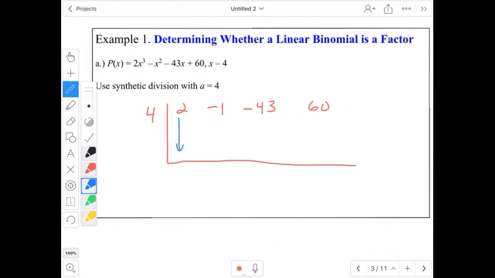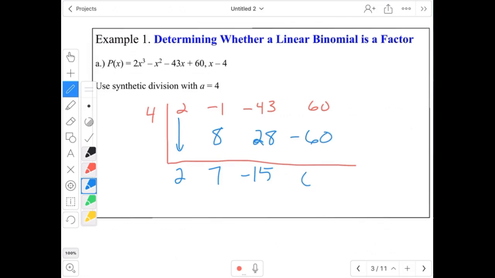Remember, synthetic division, we're just going to drop that straight down, multiply that by 4, so we get 8. Add these two terms together, so we get 7. Multiply by 4, so we get 28. So then that would be negative 15. Multiply by 4, and we would get negative 60.